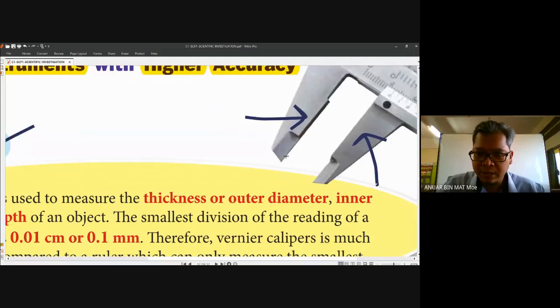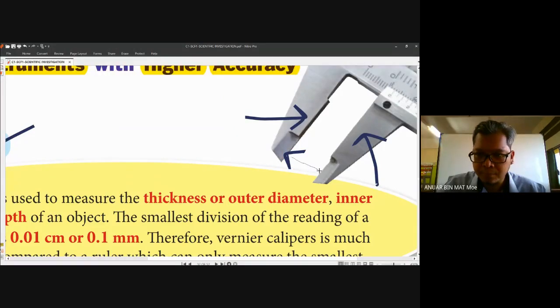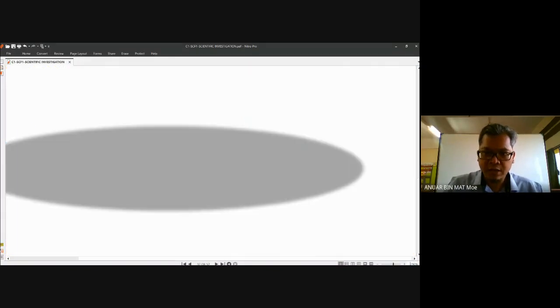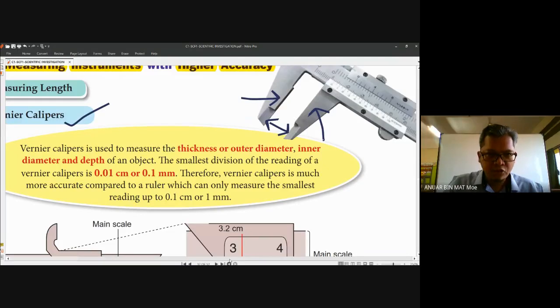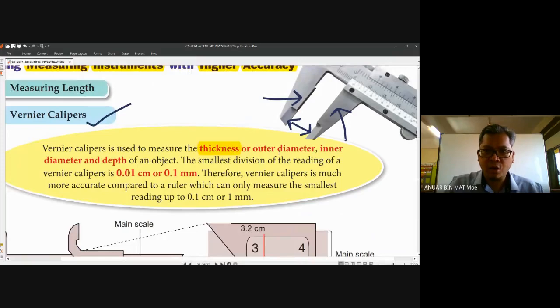We want to take the measurement here, to measure the thickness of the object, or the outer diameter or inner diameter or depth of the object.